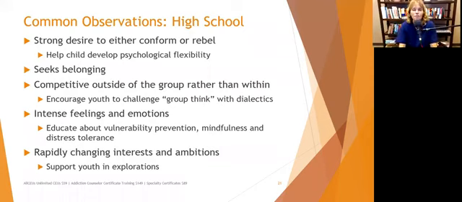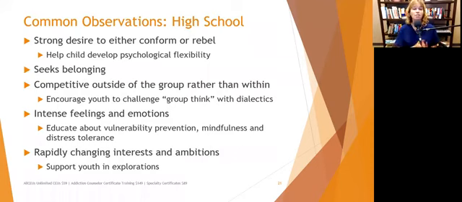They have intense feelings and emotions. So because of growth, because of hormones, because of identity development, we want to educate them about vulnerability prevention. Make sure they get enough sleep. Make sure they're eating enough. Make sure that they are doing things to encourage and increase the happy in their lives.